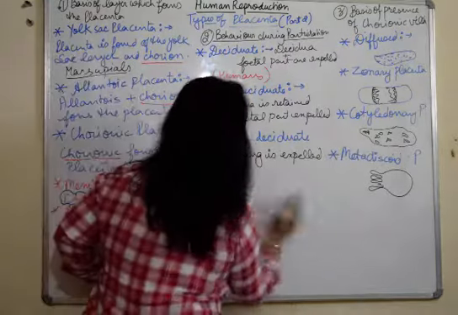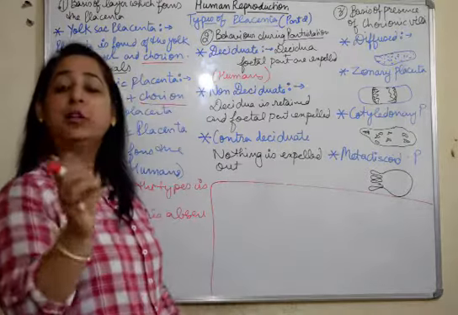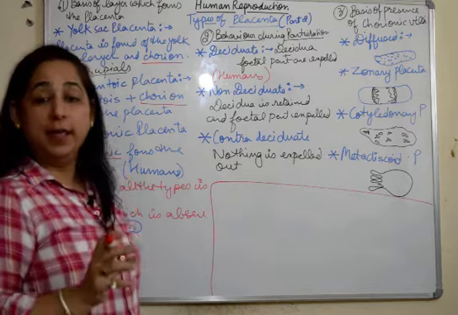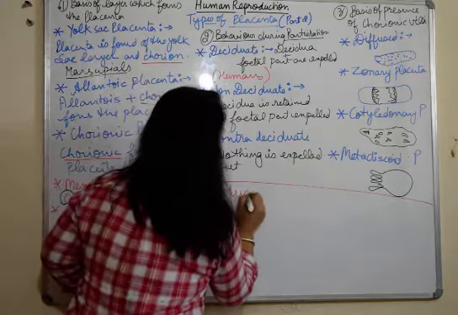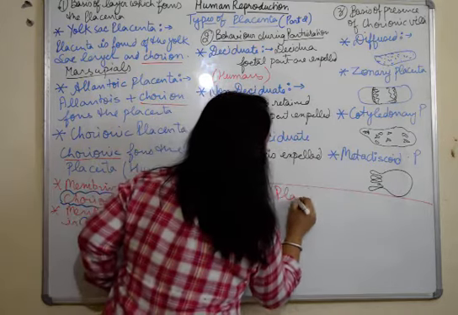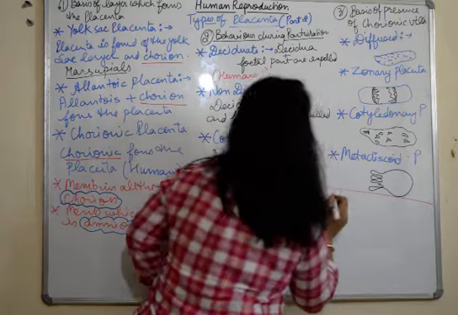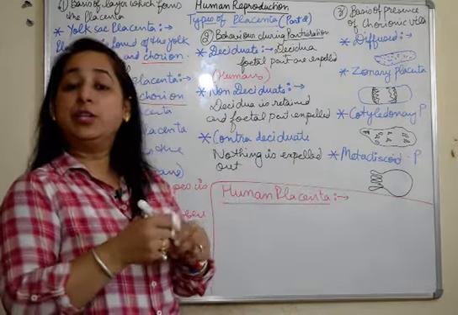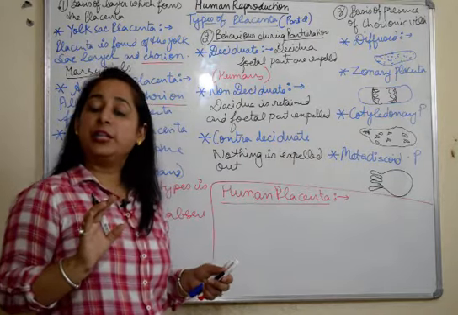After learning these types of placenta, we can jot down the category in which humans fall. What type of placenta is found in humans? So when we say human placenta, if you recall from the previous video, the first category we had discussed was according to the different types of tissue arrangement.